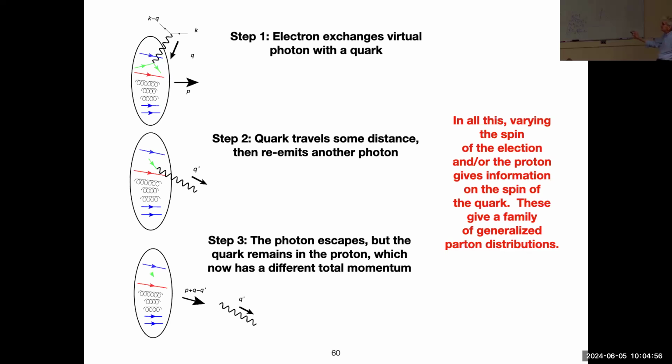And all this, varying the spin of the electron and/or the proton, gives information on the spin of the quark. It gives a family of generalized parton distributions, which are based on this rather simple picture here. And it's kind of the picture we had for the structure function. The quark disappears, all hell breaks loose, but then suddenly the quark reappears and the proton comes out with the same momentum.